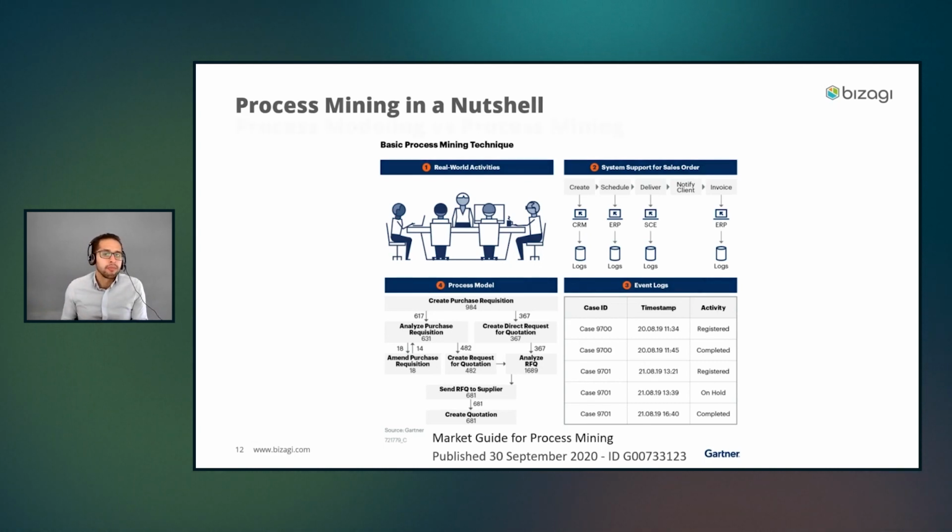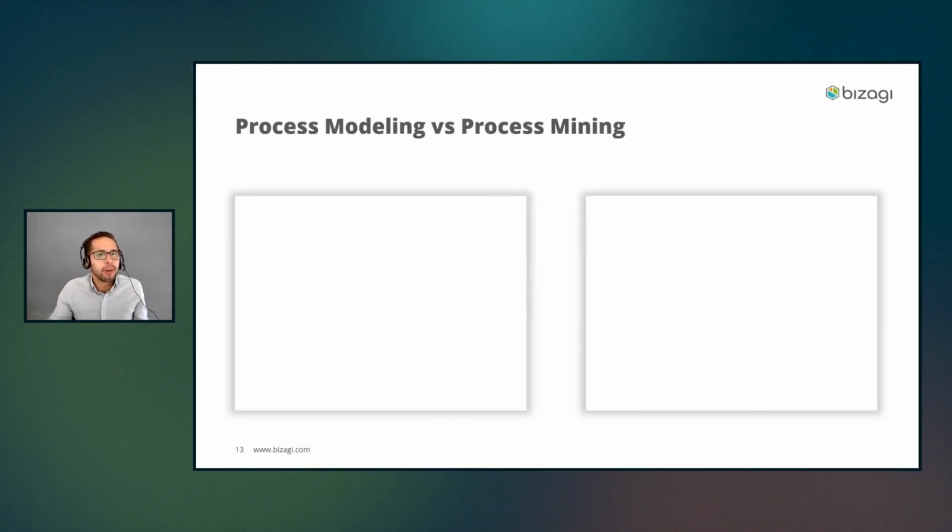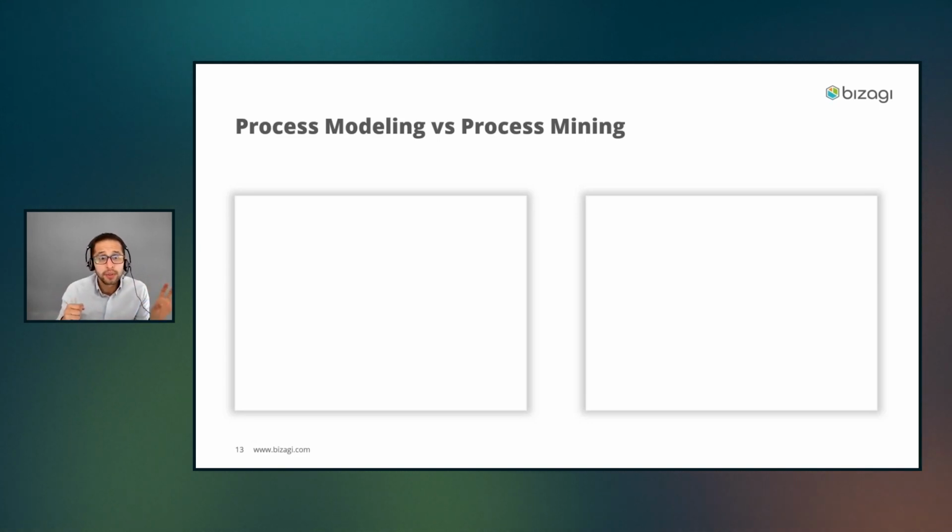Okay? Now, I have process mining already in place in my company, or I have process modeling already working with my team. How do process mining and process modeling work together, or which one do I have to do? Do I have to do one or the other? What is going to be the way? What is going to be the structure?